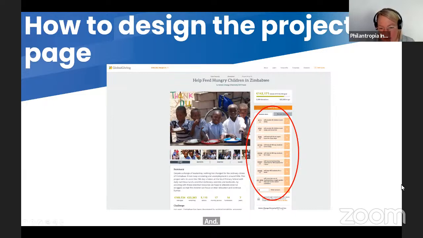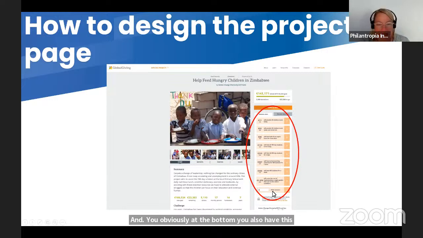Obviously at the bottom, you also have this line that says other amount. So it doesn't have to be only that, but this is super important. And even if you're not running a crowdfunding campaign, adding this information on your donation page on your website is going to be a game changer.